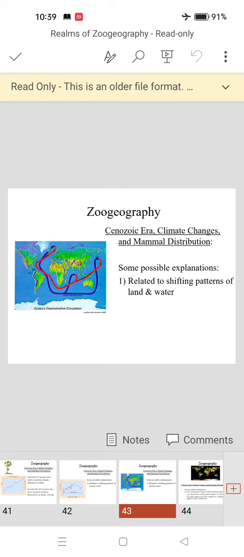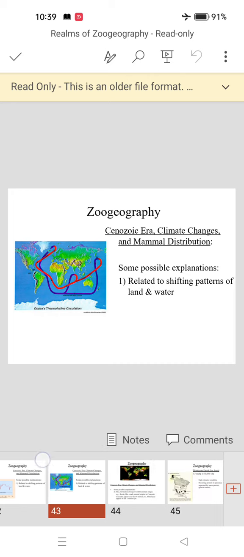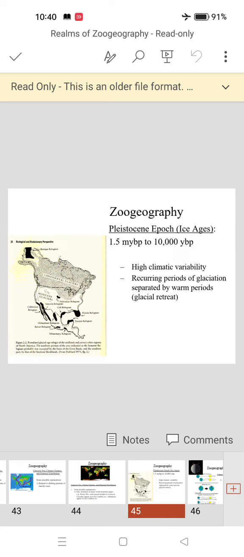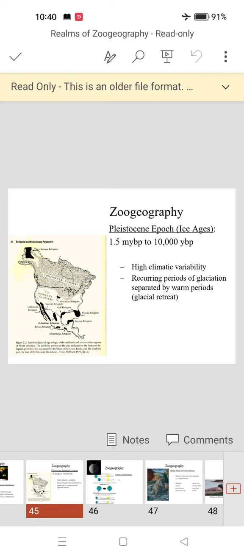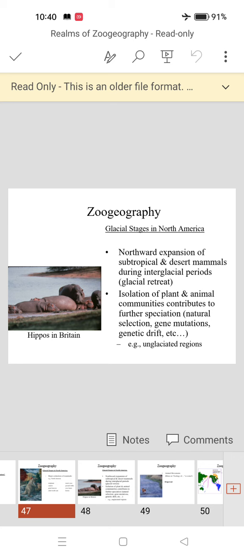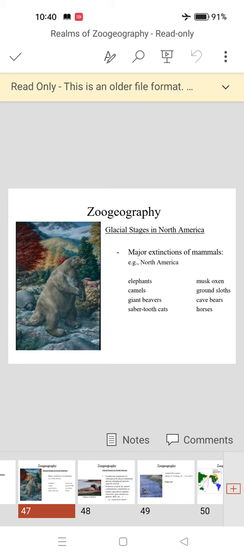Some possible explanations also include the formation of major world mountains, as the Rockies reached present heights in the Cenozoic. There was also high climatic variability, with recurring periods of glaciation separated by warm periods. So you can see zoogeography is one of the major expectations.